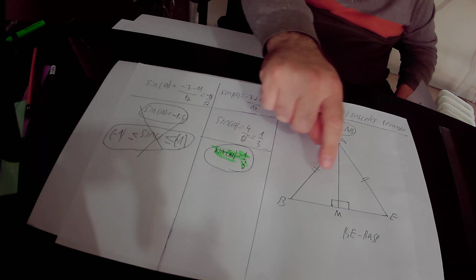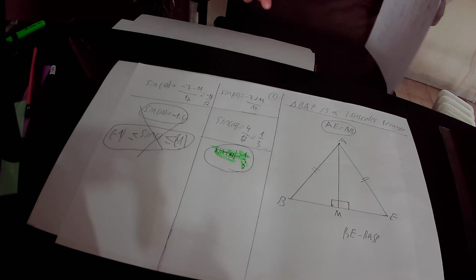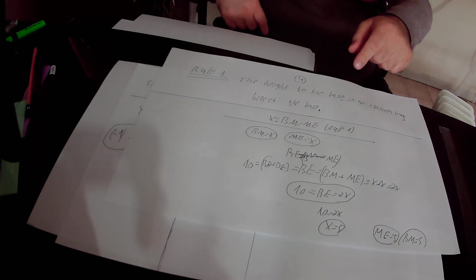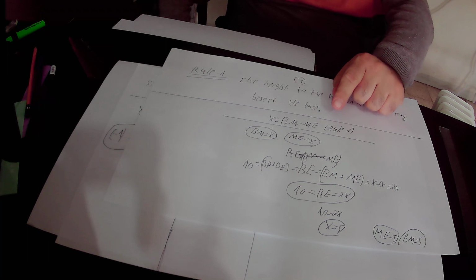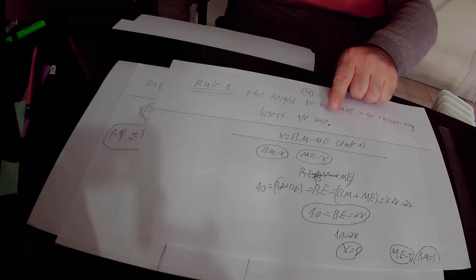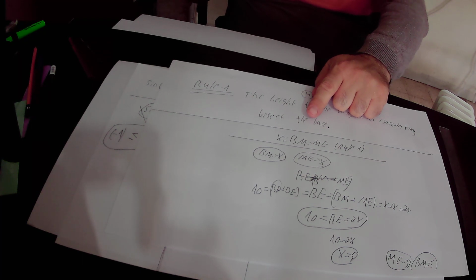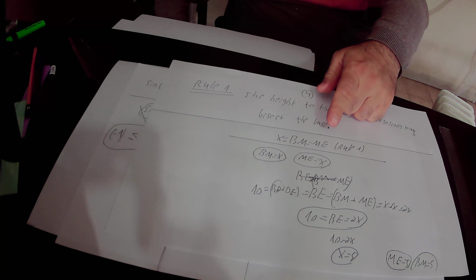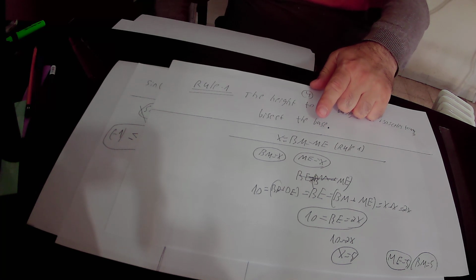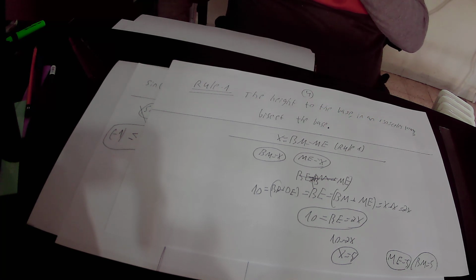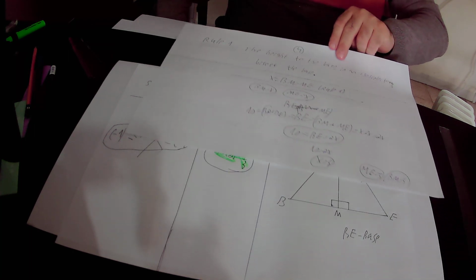That is to say, BM is equal to ME according to rule number 1. And if we define BM as X, then from this equation we conclude that ME equals X. So BM is equal to X and ME is also equal to X. And what is the value of BE?